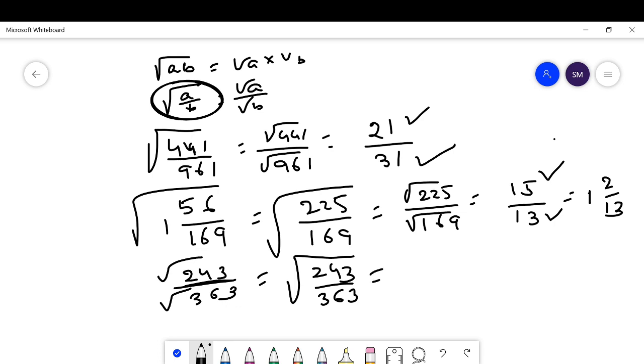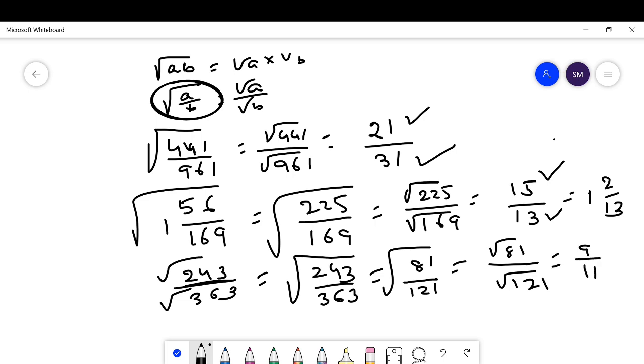Cut it by 3. Then you get the square root of 81 upon 121. What does this mean? This is square root of 81 upon square root of 121, which is 9 upon 11.